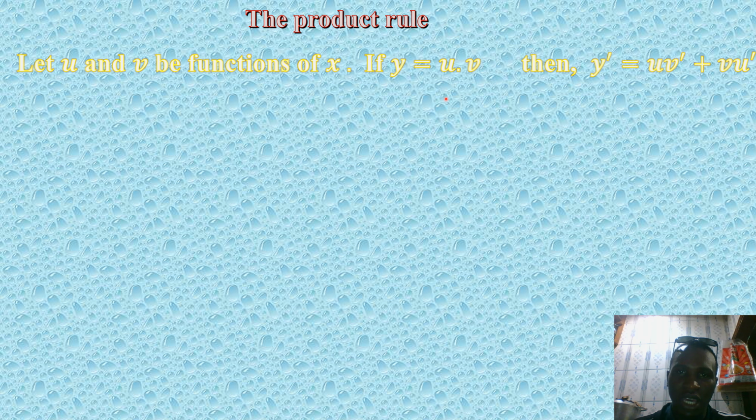So in other words, rather than using this statement, you can write it as u of x times v of x. It is the same thing, but this is more simplified if you just define it. Now the product rule says if y is a product of these two functions u and v, which are functions of x, then the derivative of y with respect to the same variable x, that's why we write y prime.